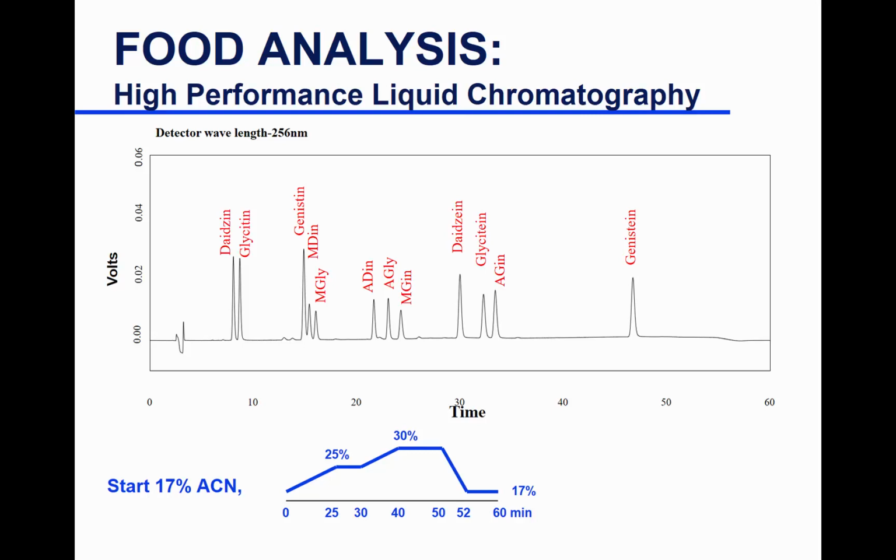Yes, terrible resolution. I will lose the resolution between these two and these three and these three and these three. Everything is going to just be right here at the beginning and I lose my resolution. Everybody's coming out fast because all of them like the acetonitrile more than they like water, I meant to say.